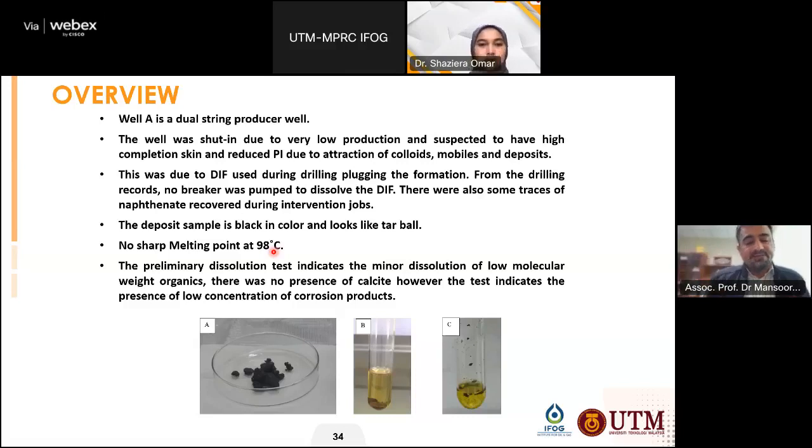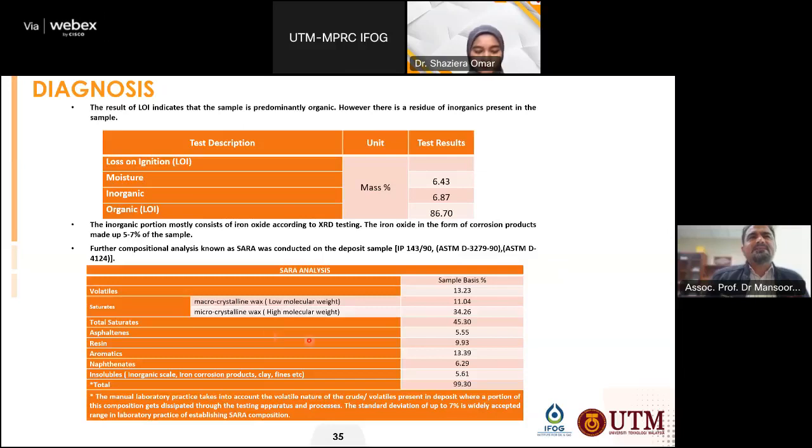This might influence how the deposit can be handled or treated in a well stimulation or intervention job. A preliminary dissolution test was conducted that shows minor dissolution of low molecular weight organics. These are the results of loss on ignition and other tests conducted for this analysis.